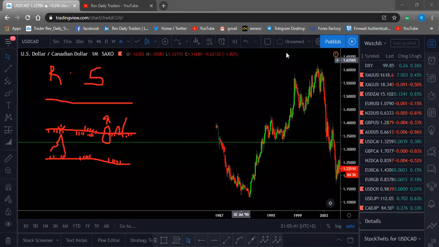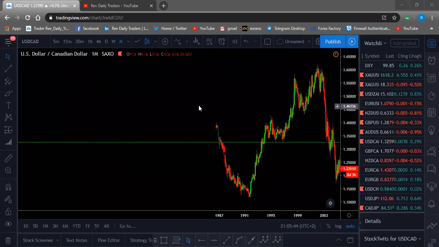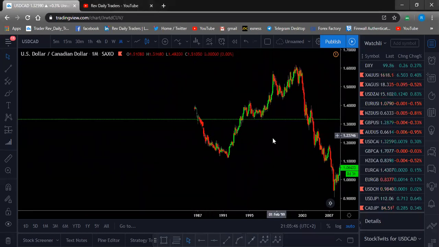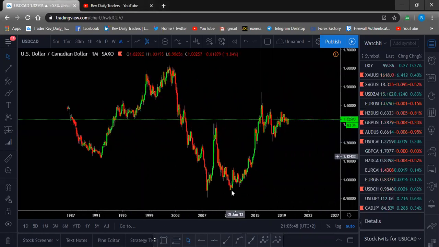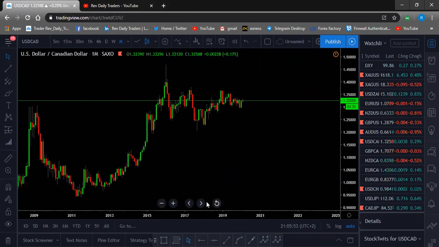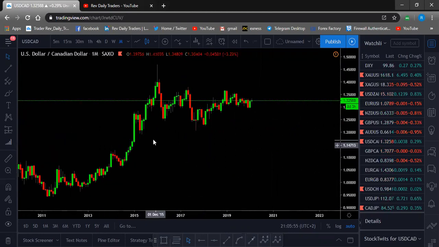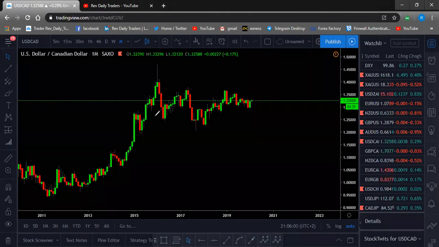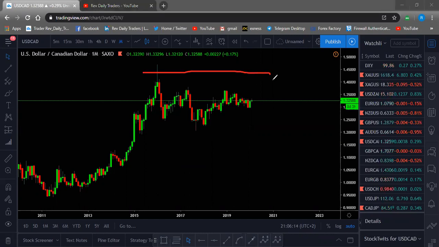So here at Daily Traders, what we do, I'll show you how we trade, okay? Remember, I said we look for many bounces, then we confirm our horizontal line, okay? So I'll start from, we'll use this part.